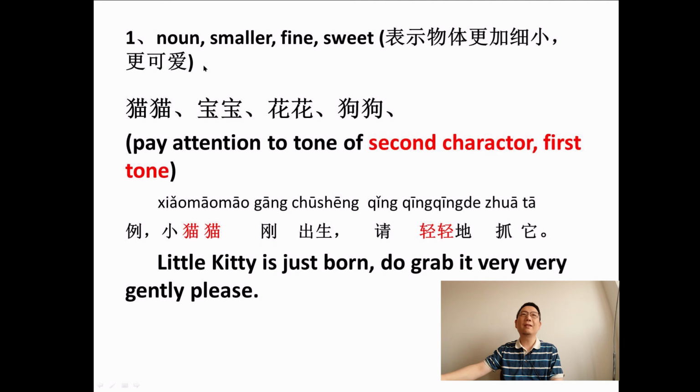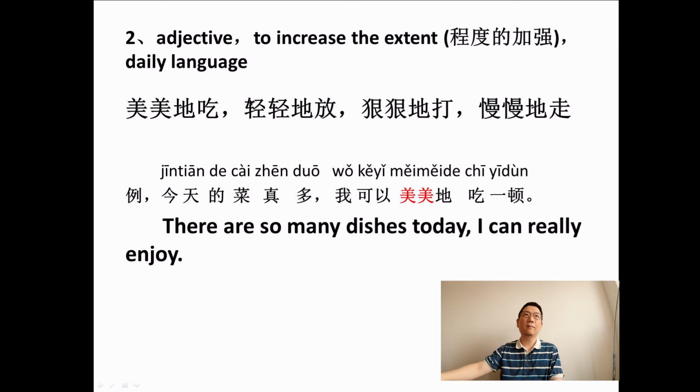So the pronunciation is 宝包. The similar is here, 狗, the third tone, but the second character should be pronounced as 勾. So 狗勾. And 花 is like 猫猫 because it is the first tone, and the second is still the first tone. Okay.